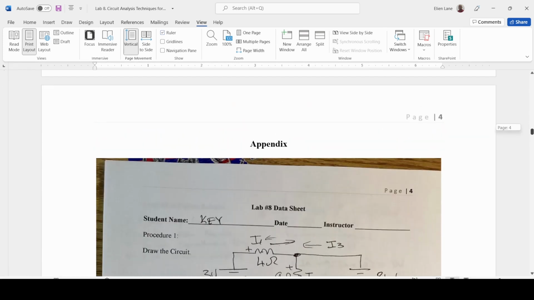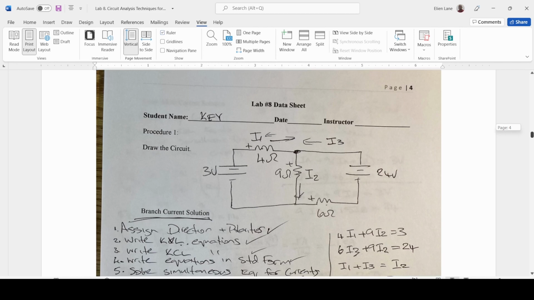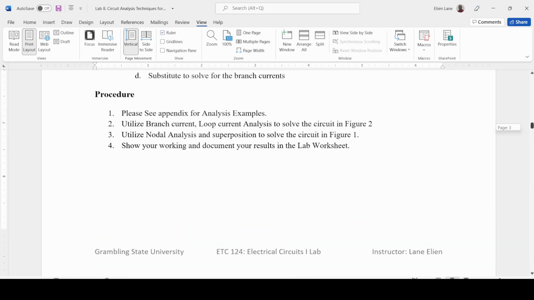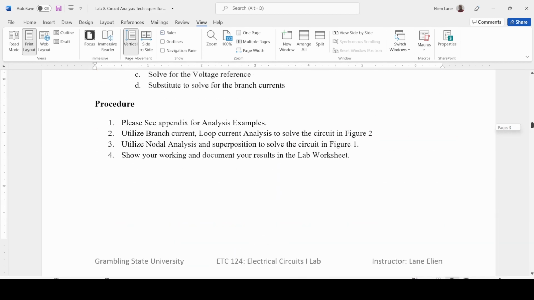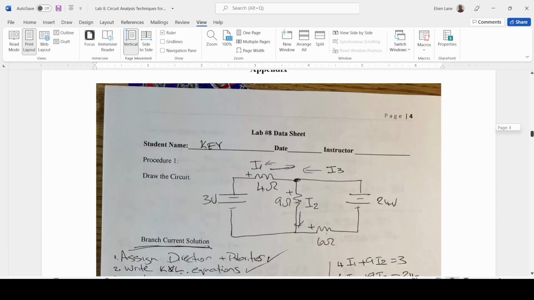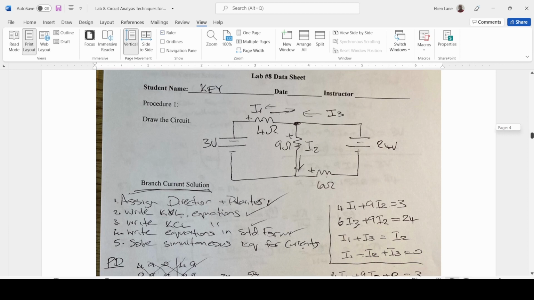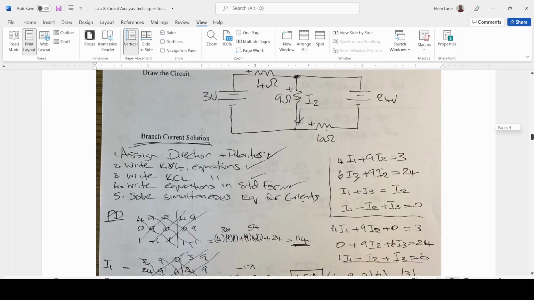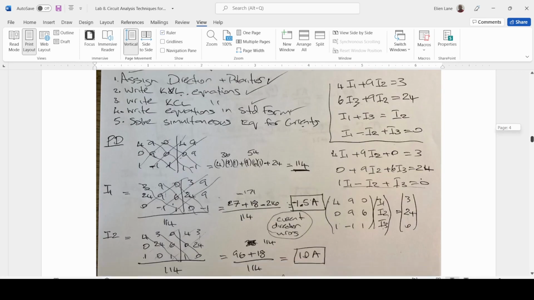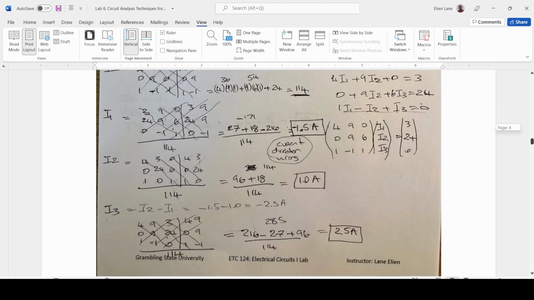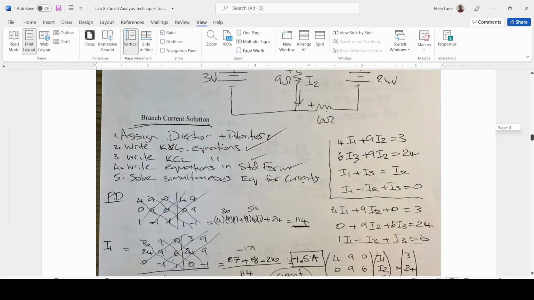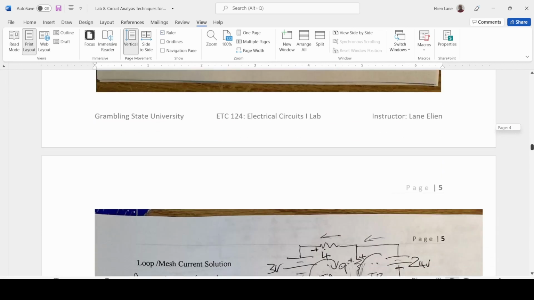So let's look at the techniques that were solved. This is procedure 1, where we are using these two techniques to solve the circuit in figure 2. Here you see the branch current method being followed, and there's a video explaining. The video shows how this analysis was completed, so I would encourage you to watch it.